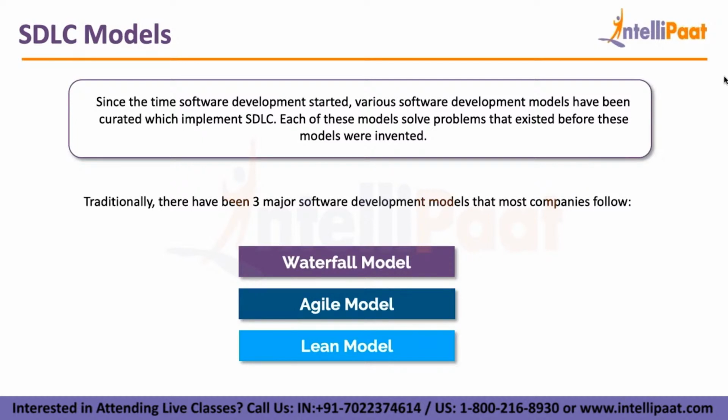What these models are we'll discuss in a bit, but they are basically frameworks, or sets of rules, using which the stages we just discussed, requirements, design, implementation, verification, and maintenance, are implemented.